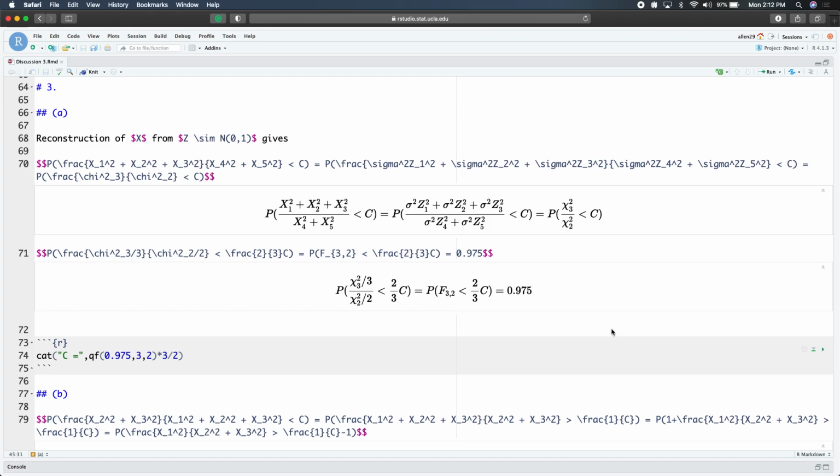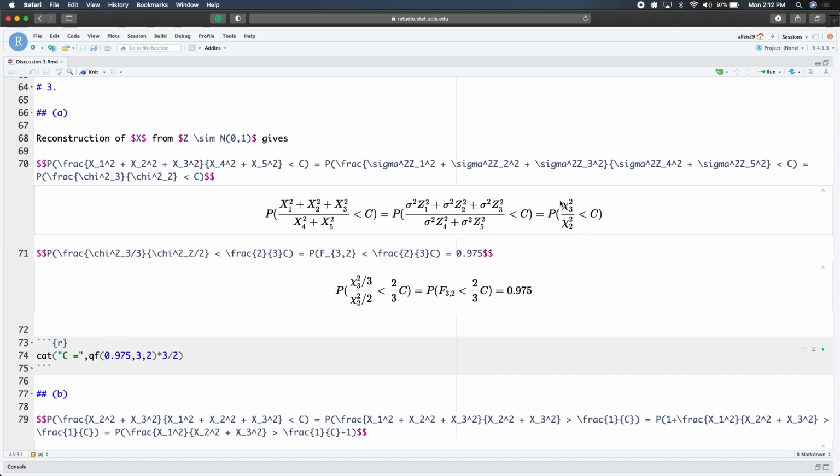Again, we can rewrite each X in terms of Z, where Z is a standard normal, 0 and 1. Since we have mu equal to 0, each X_i is just sigma multiplied by Z_i. We take the square, so sigma square Z_i square. We do the transformation for each X_i, and the sigma square cancels out from numerator and denominator.